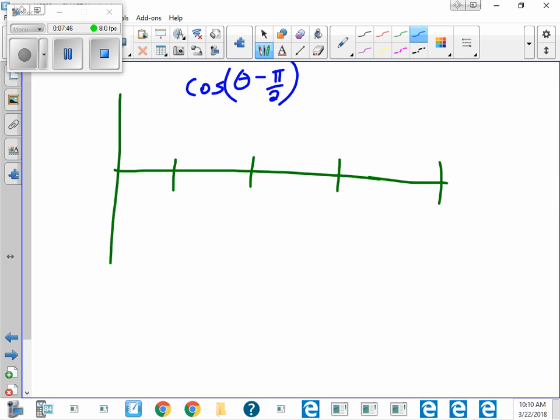So what I'm going to do is graph the original function and then show you how it's shifted. So amplitude is 1. My period has not been altered. So pi over 2, pi, 3 pi over 2, and 2 pi. And we're going to go from 1 to -1. So here, here, here, here, and here.